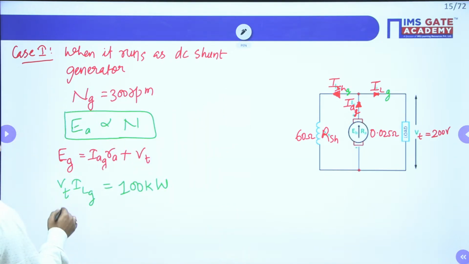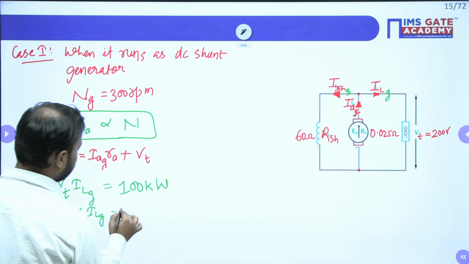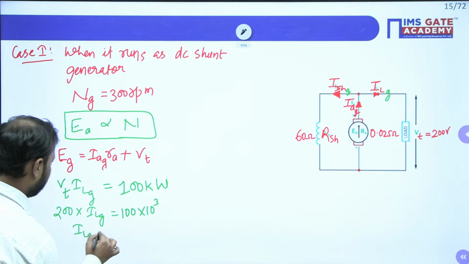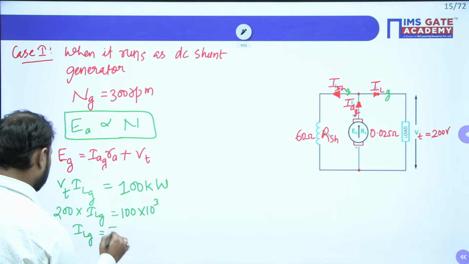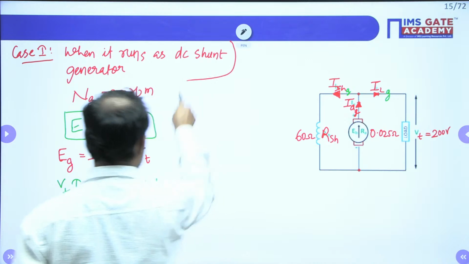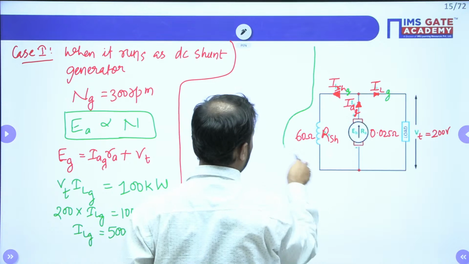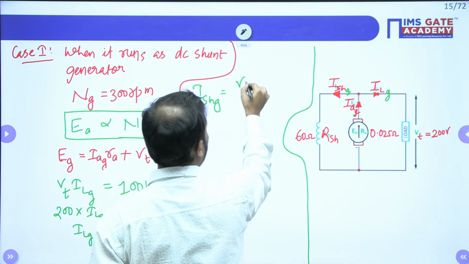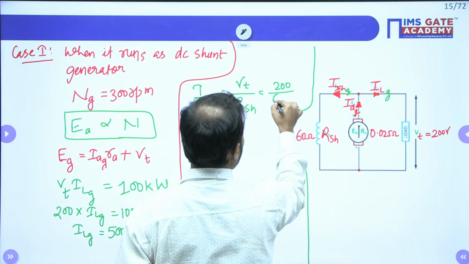So we have VT as 200, ILG is unknown. This is 100 into 10 to the power 3. When you solve this, you will get ILG as 500 ampere. Done. So ISHG is equal to VT upon RSH, so this is 200 by 60 ampere.